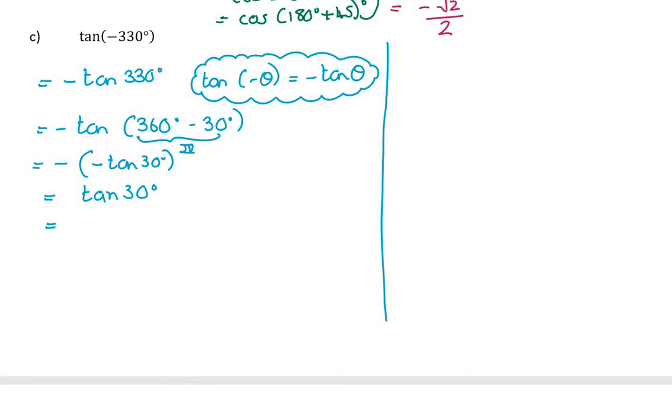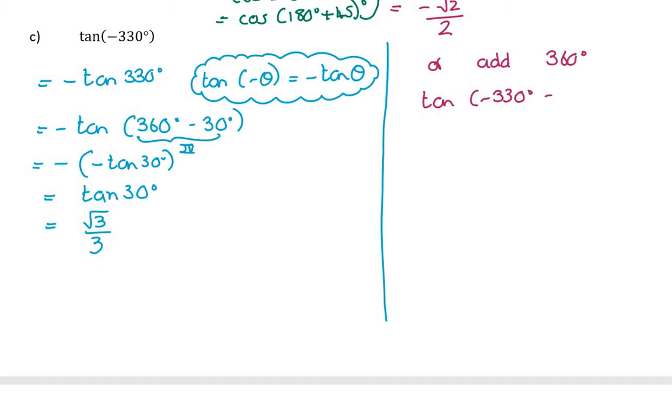And tan of 30 degrees, if you use your calculator, is root 3 over 3. If you don't use your calculator, you could also get 1 over root 3. It's exactly the same thing, so it doesn't matter. Okay, so that's the way to do it, where you use the so-called shortcut. However, here, if we added 360, which we're always allowed to do, what does tan of negative 330 become?